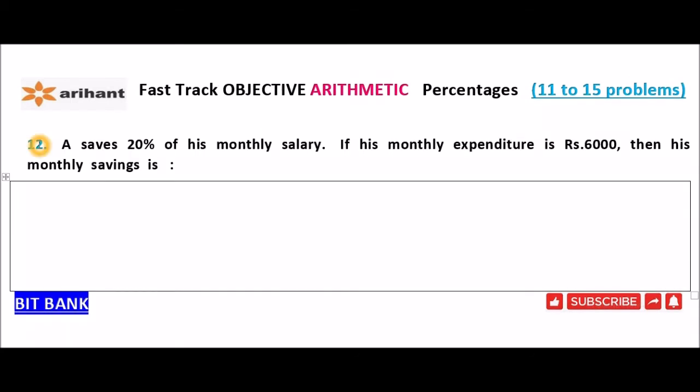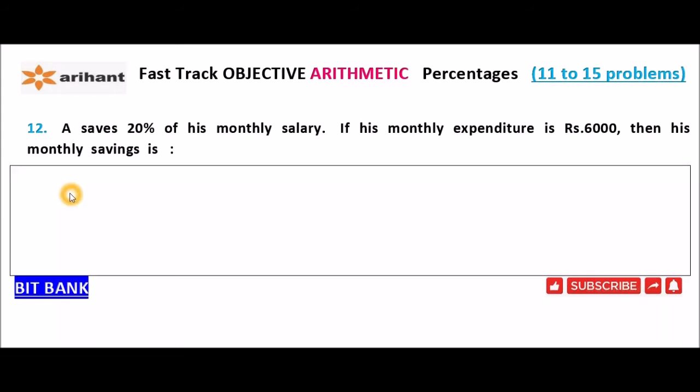Now 12th question. A saves 20% of his monthly salary. If his monthly expenditure is 6,000 rupees, then his monthly savings is how much? Okay, let the monthly salary of A be x.